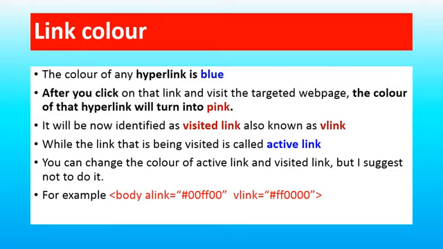The attribute used to set the color of an active link is, inside body, you write alink is equal to any color you like, and to set the color of a visited link you write inside the body tag vlink is equal to any color of your own choice. But I prefer never to touch these attributes and change the colors. They should be as given by default.